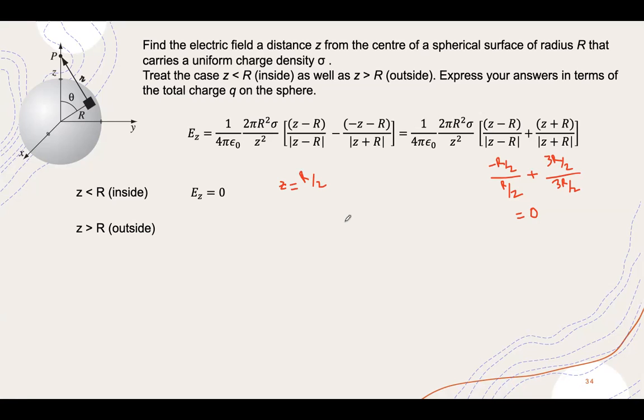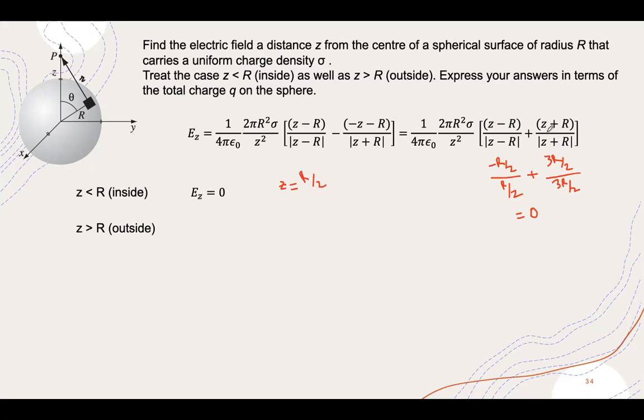Do the same thing. So again, let's suppose Z is equal to R. Is that possible? Because if Z is equal to R, you see there is a divergence here, right? This is going to be 0 over 0, so this is going to be undefined.